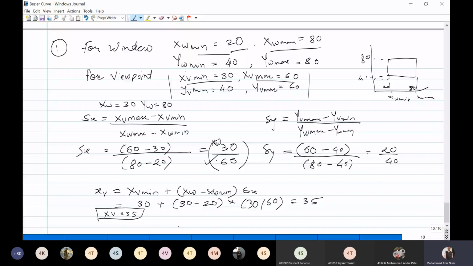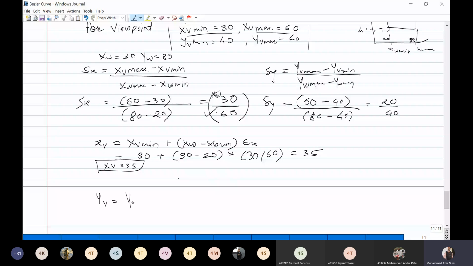yv is equal to yv minimum plus yw minus yw minimum into Sy. Sy value is 20 by 40.